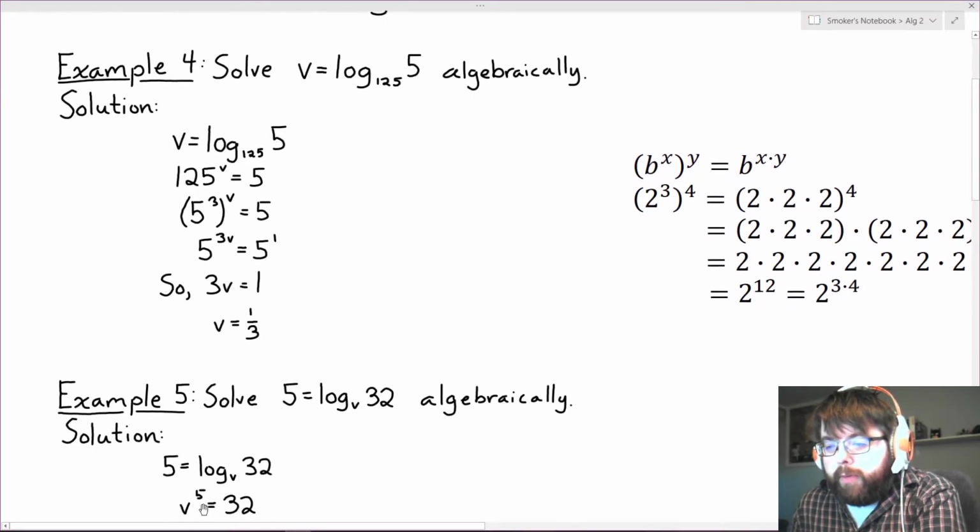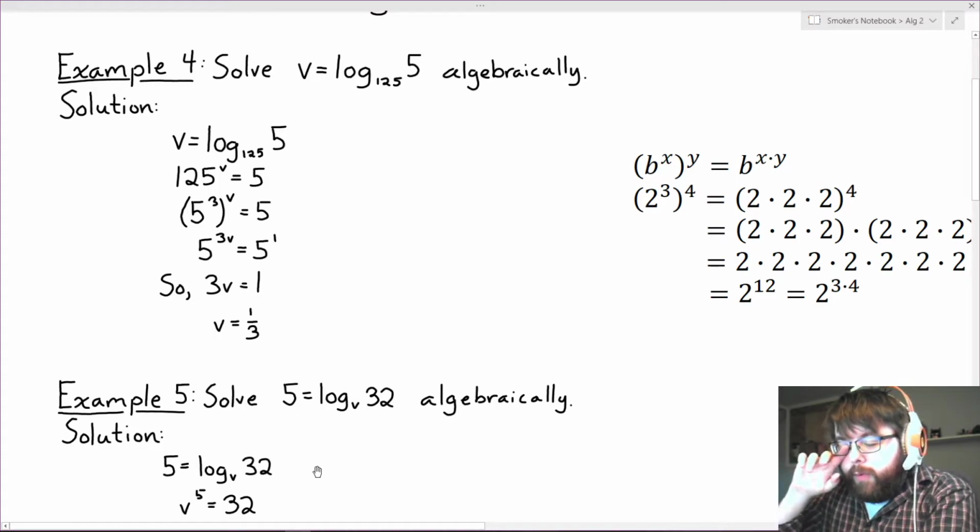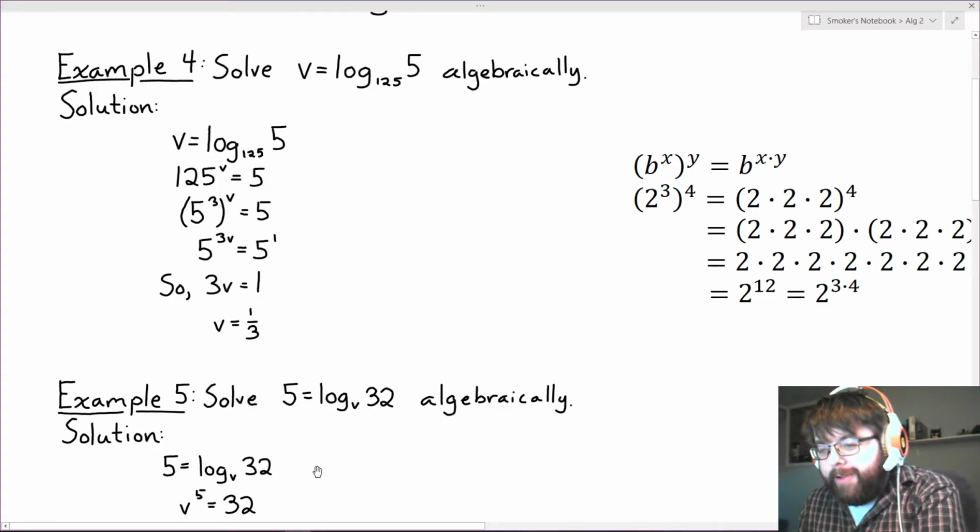Well, this problem here, base b to the power of 5 equals 32, is a problem we can solve. This is not. So the whole point of logarithms is to put an exponential form problem into log so we can solve for an unknown value that we can't solve for, but we can solve for the base in this already because it's not the exponent that's unknown.